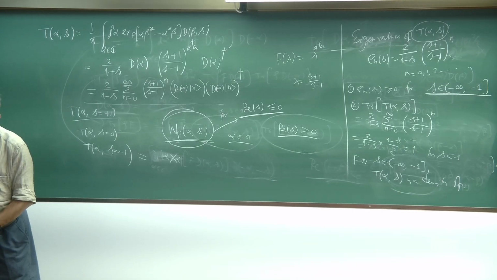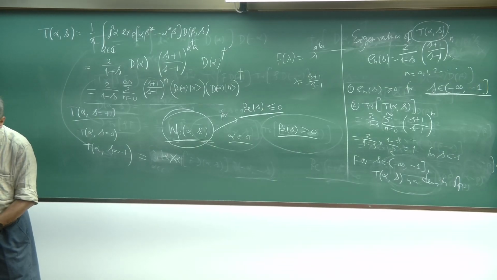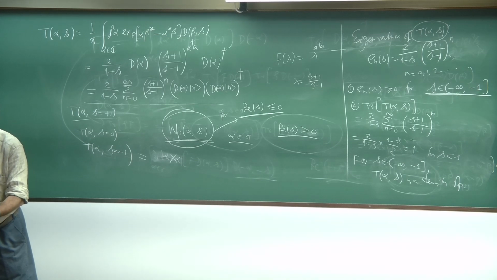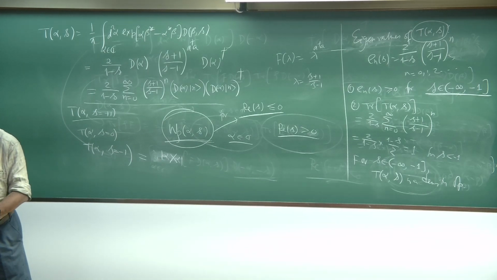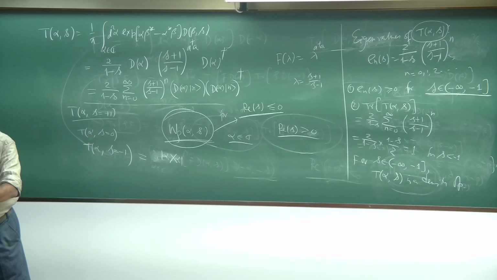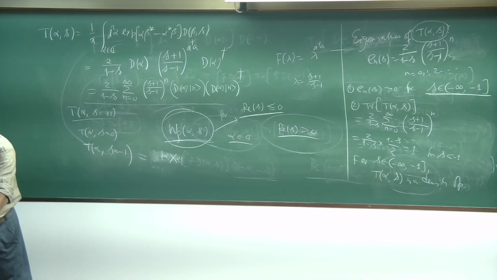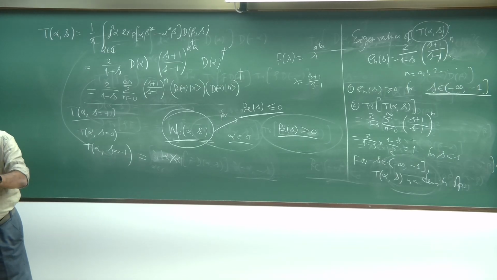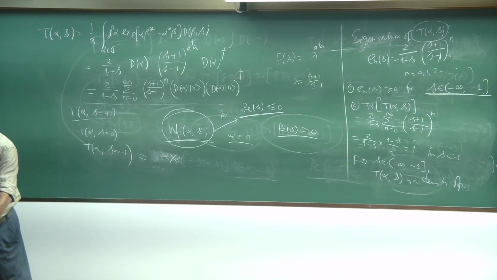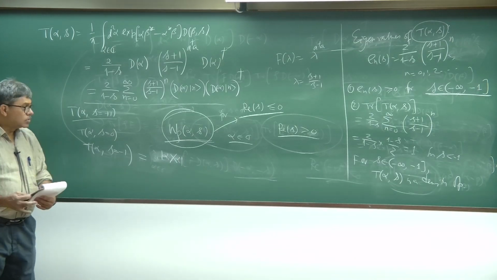So, I told you that the Wigner function is the Fourier transform of the characteristic function of a density matrix, but this is true not just for the Wigner function, but for any S ordered phase space distribution function. Okay.